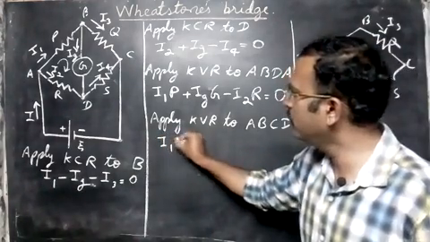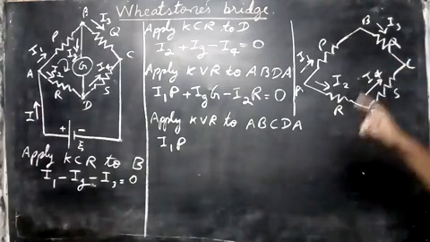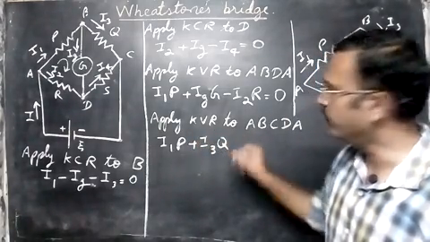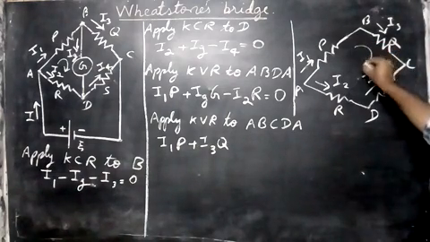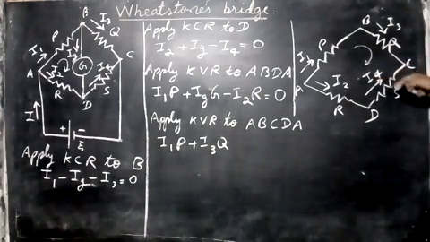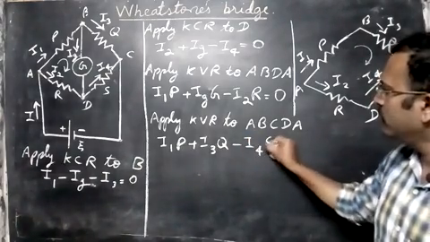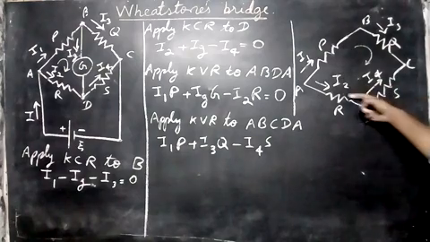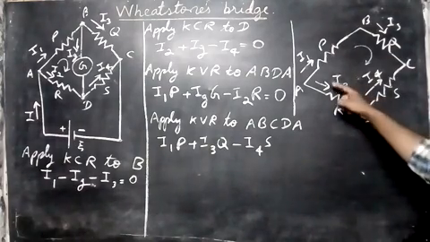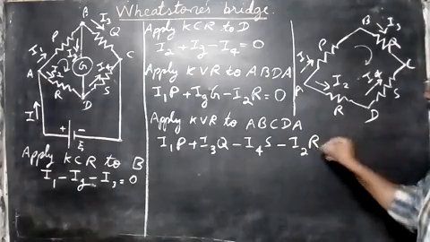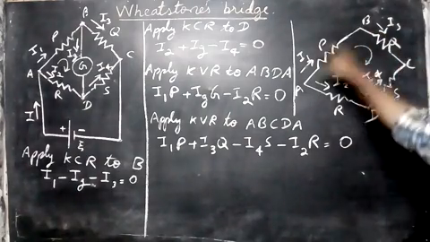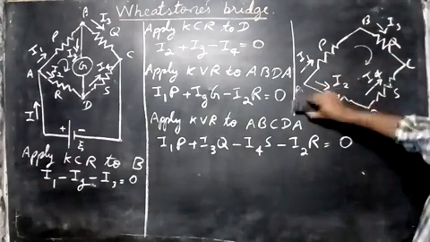So I1 into P, we're going clockwise only. Then I3 into Q, so it will be plus I3 into Q. As you go clockwise, I4 comes opposite to us, so minus I4 into S. Then current I2 also comes opposite to us, so we write minus I2 into R, that's equal to 0, because there is no cell in the top part. So EMF is 0.